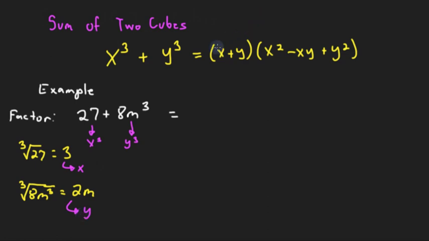So we're just going to rewrite this. To factor this binomial, we need to substitute x with 3 and y with 2m. So how will that go? The pattern is x cubed plus y cubed is equal to x plus y times x squared minus xy plus y squared.